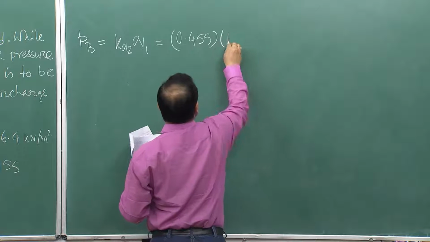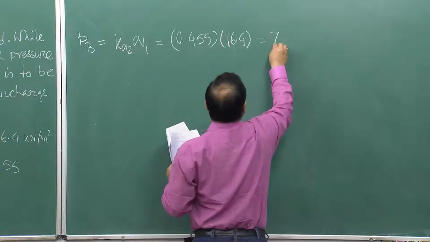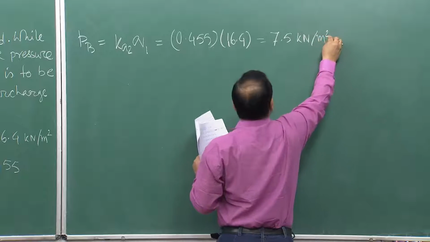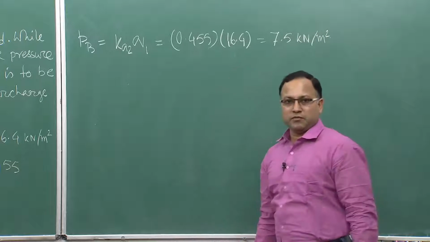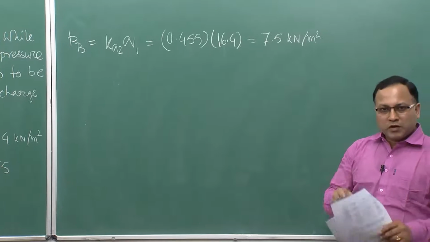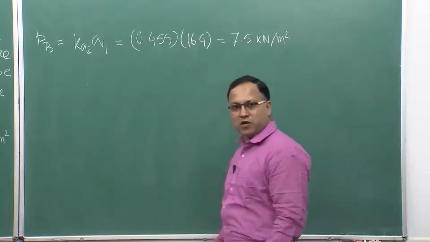Already we have calculated 16.4. That comes as 7.5 kilonewton per meter square. So, you are getting some jump at point B, from 6.7 to 7.5, when you are traveling from stratum 1 to stratum 2. You are getting this discontinuity and the jump.